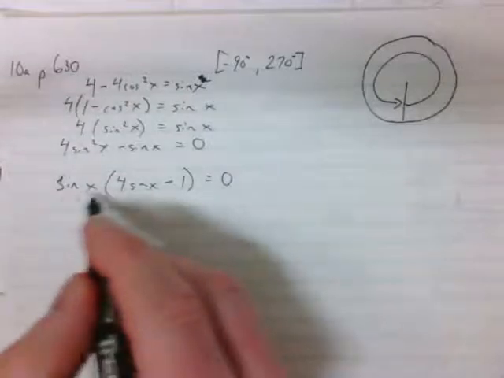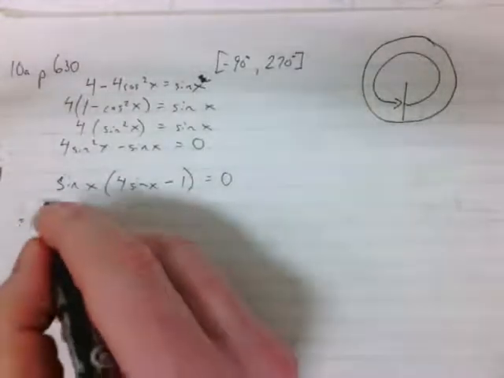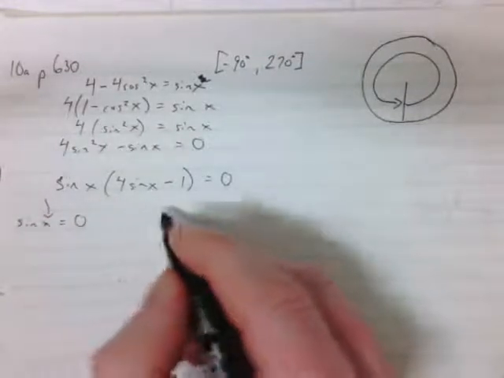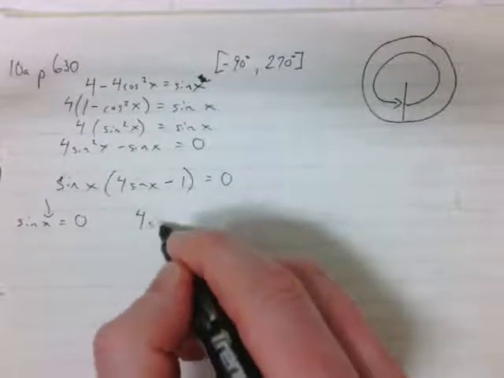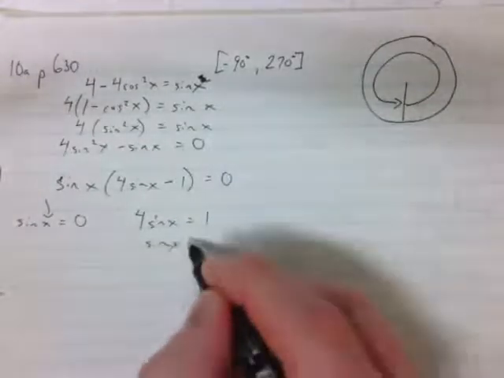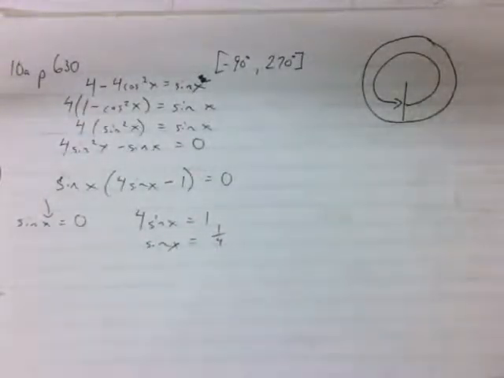So we know sine of x equals 0. What does x have to be so that the y value equals 0? And on this side we have 4 sine of x equals 1, which means sine of x equals 1 over 4, which is not nearly as pretty and easy to work with.